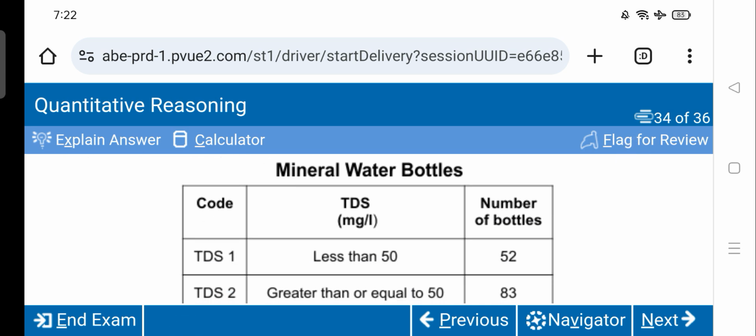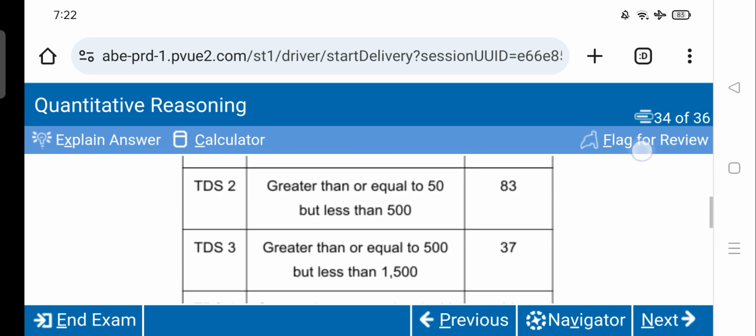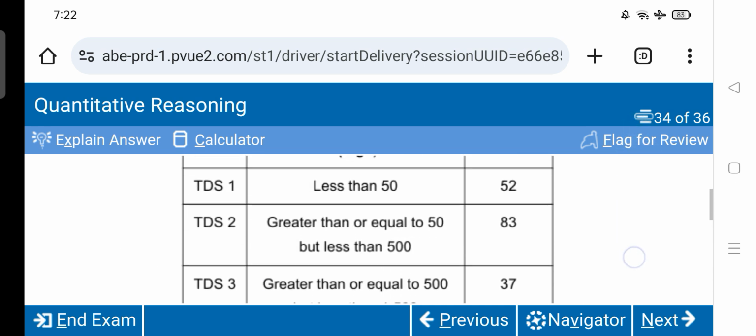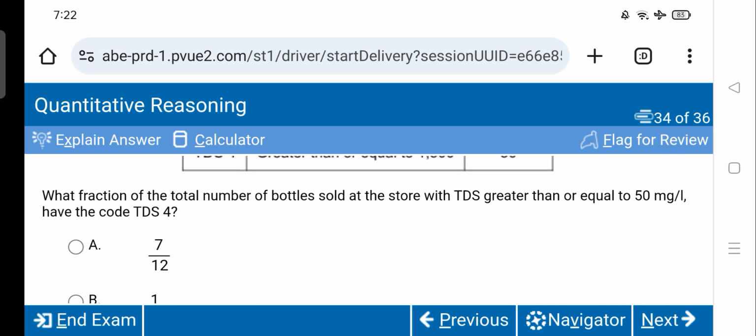Here we have mineral water bottles code TDS 1, 2, 3, 4, and then the number of bottles. The question is: what fraction of the total number of bottles sold at the store with TDS greater than or equal to 50 milligram per liter have the code of TDS 4?